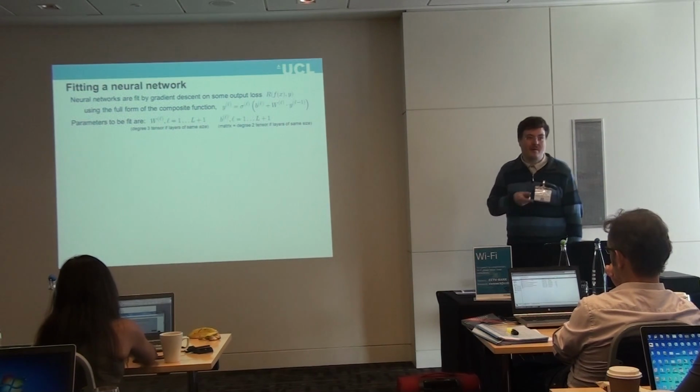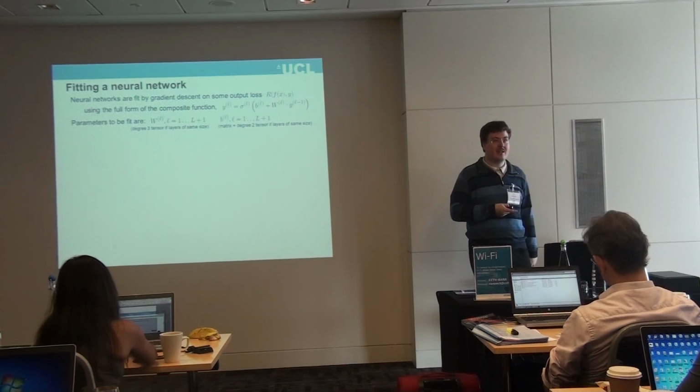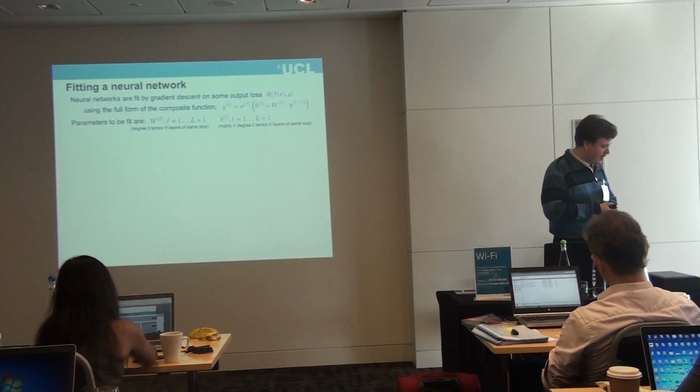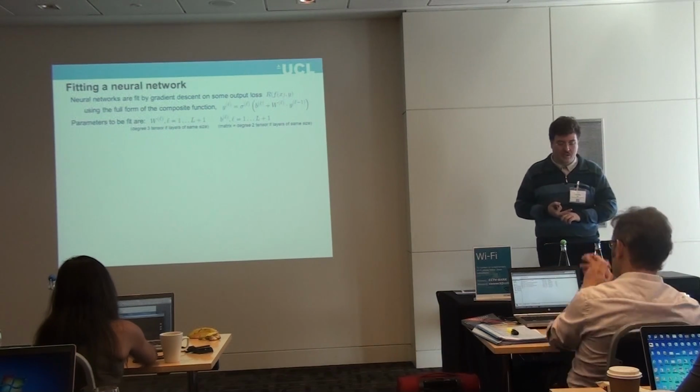TensorFlow, yeah, TensorFlow is one package where that is exactly how the word tensor comes in, though it is not necessarily what all communities would understand as the word tensor.